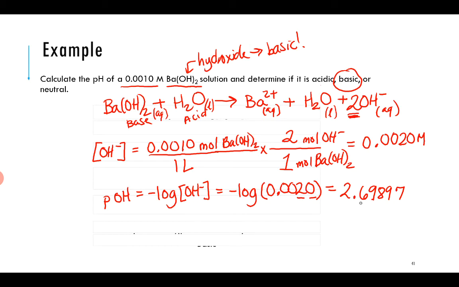And so once that comes out, I'm going to have 2 significant figures after the decimal point. I'm not going to round yet because I'm not done with the problem.